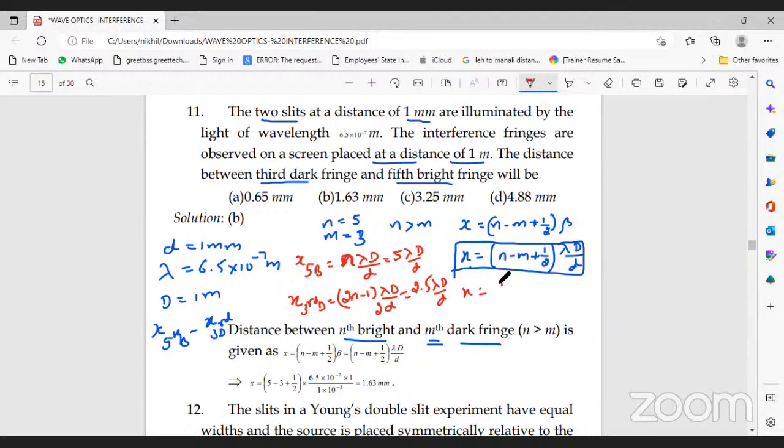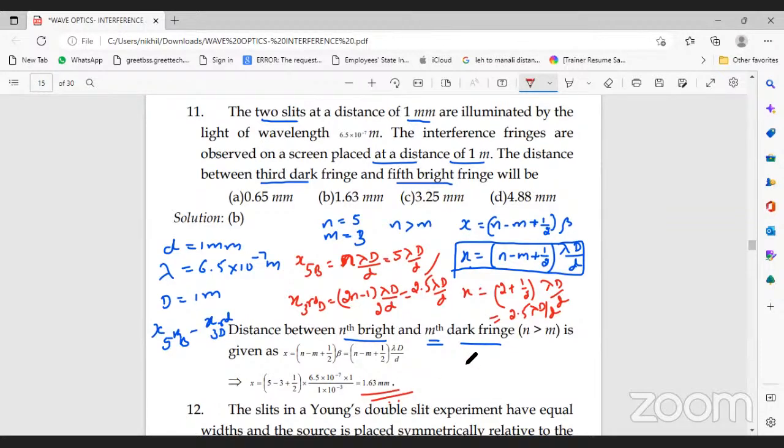5 minus 3, 2 plus half. 2 plus half is 2.5 only, no? Lambda capital D by small d. So it is 2.5 lambda capital D by small d. Substitute lambda, capital D and small d, how much you will get? Check once. Will you get 1.63 millimeter or not? You can do in either method.